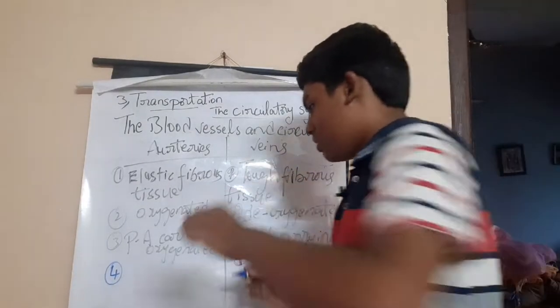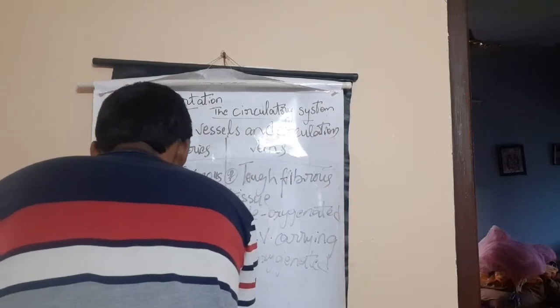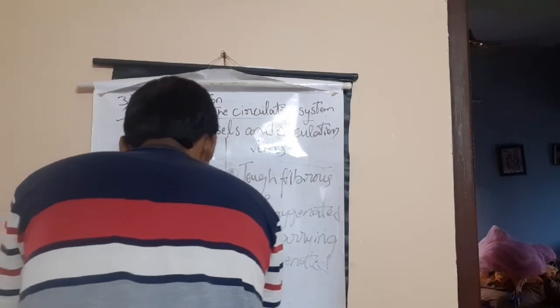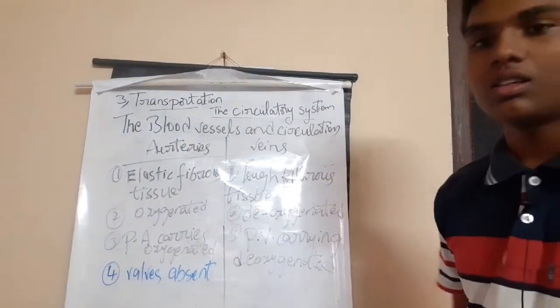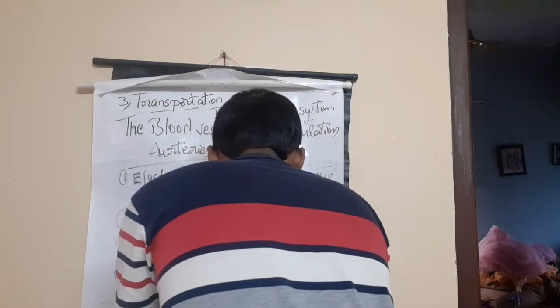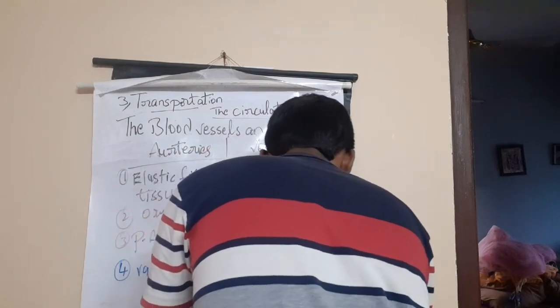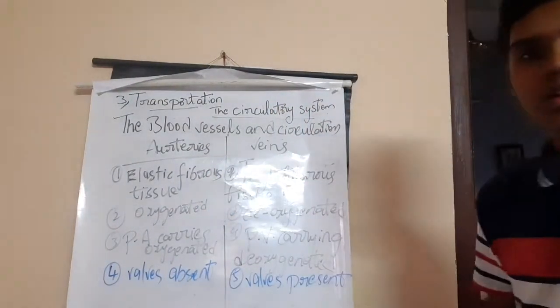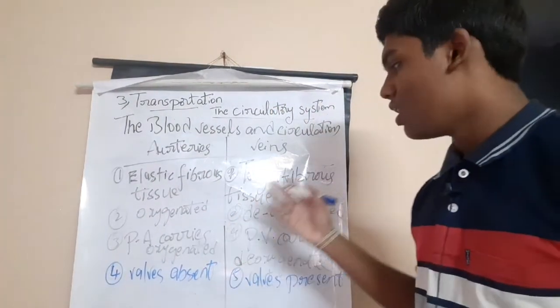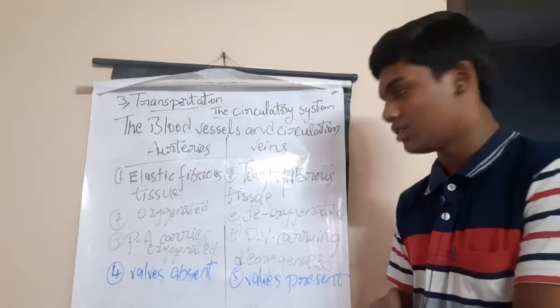Now, walls are absent in arteries and walls are present in veins. We already discussed earlier that walls are present in veins and absent in arteries.